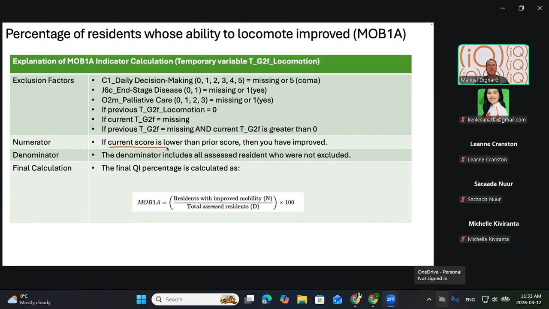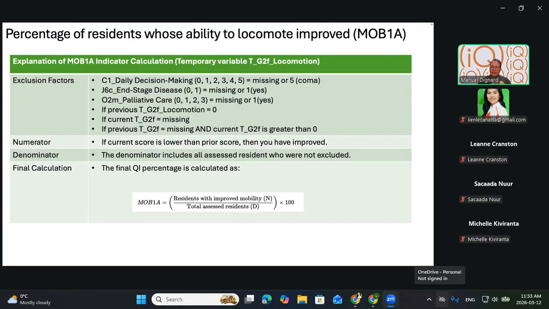Now, if your current score, and here we're only looking at 0 to 4, right? There's only one item, is lower than the prior, then we have improved, and we're part of that. And this gives us insight into how many residents have regained or improved their ability to mobilize, okay?